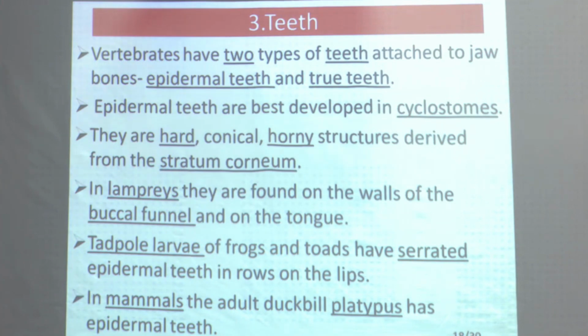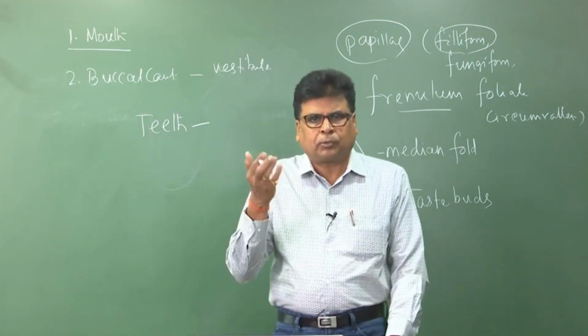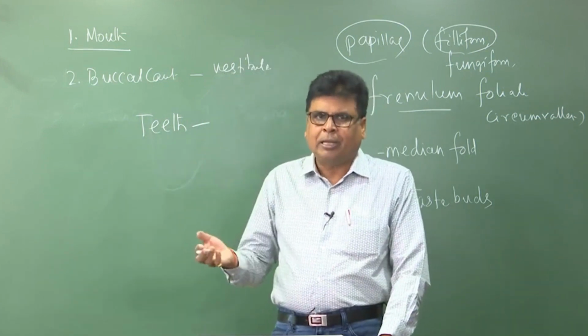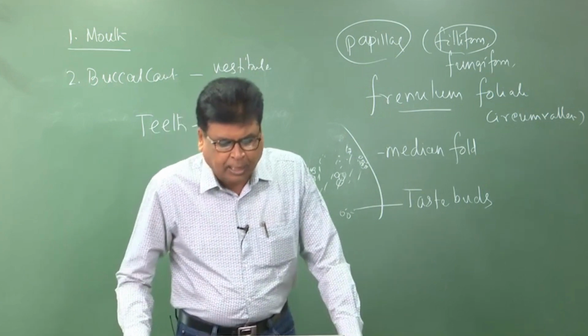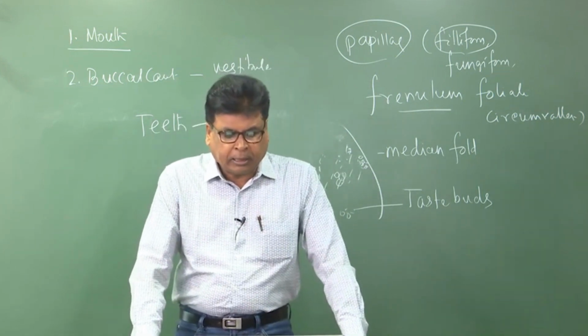In case of lampreys, they are found on the wall of the buccal funnel and on the tongue. So teeth are of two types by their origin: the epidermal and the true teeth, and the epidermal teeth are generally present in cyclostomes, and also in lampreys.